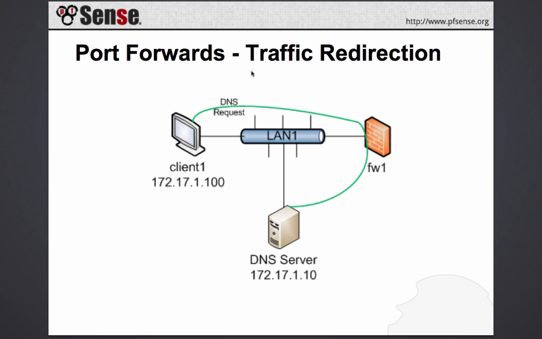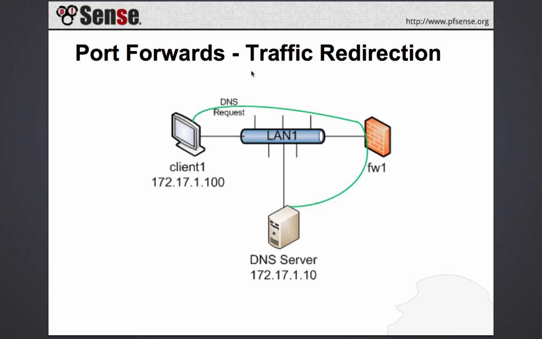So one other usage of port forwards is for traffic redirection. So we'll use one example of DNS. So let's say that you have a network that's public or semi-public, and maybe it's a coffee shop or a hotel or something along those lines, and you want to make sure that everyone is using your DNS server to resolve DNS, but you may have clients that are statically configured for some other DNS server possibly, and you don't just want to break their systems.